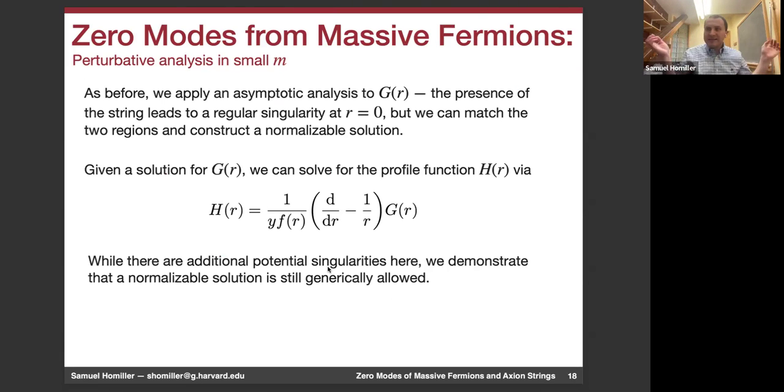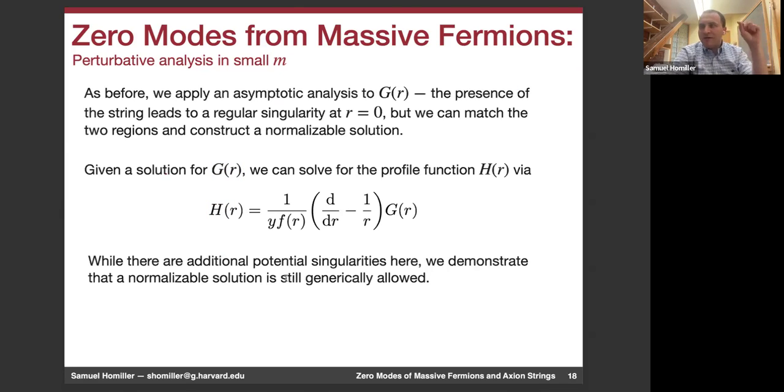So you can apply this asymptotic analysis, and if you're very careful, you find that the singularities kind of magically cancel out. It's not really magic, but it looks like magic. In the same exact way as before, you can demonstrate that there is generically a normalizable solution for G and H that's still generically allowed.